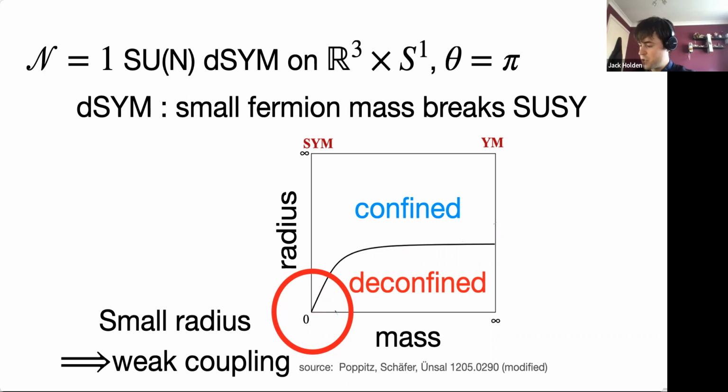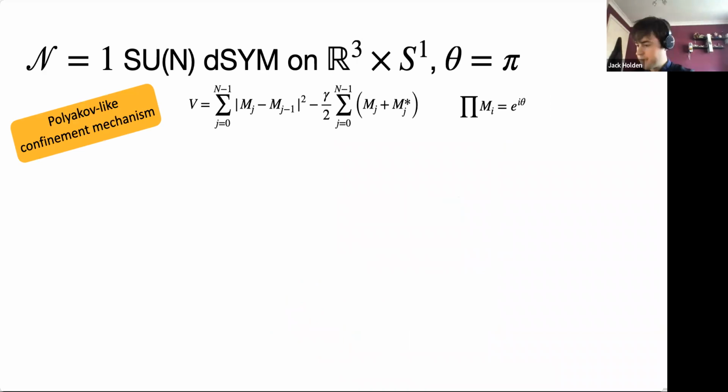But we also expect that as we take the fermion mass to infinity, then the fermion will decouple and we will recover thermal Yang-Mills. And it's thought that this transition between the confined and deconfined theories continues between this area that we're looking at and the pure Yang-Mills case.